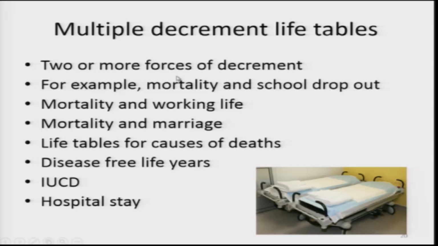Similarly, you can know at what age a child is going to drop out, and you can combine mortality and dropout data. Working ages, for how many years a person is expected to live, for how many years a person will be in working ages, for how many years a person will work, and so on.